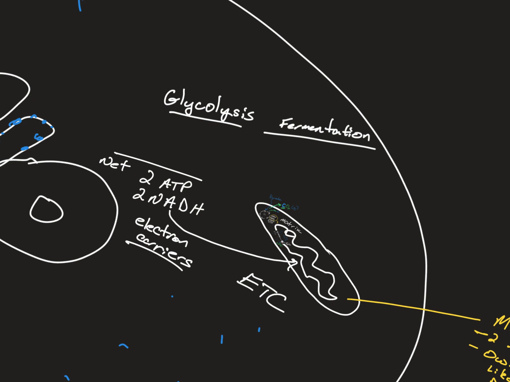If there's no oxygen, pyruvate goes into fermentation. And what you produce is CO2 and a little bit of ATP. And lactic acid in humans, and alcohol in other beasties.